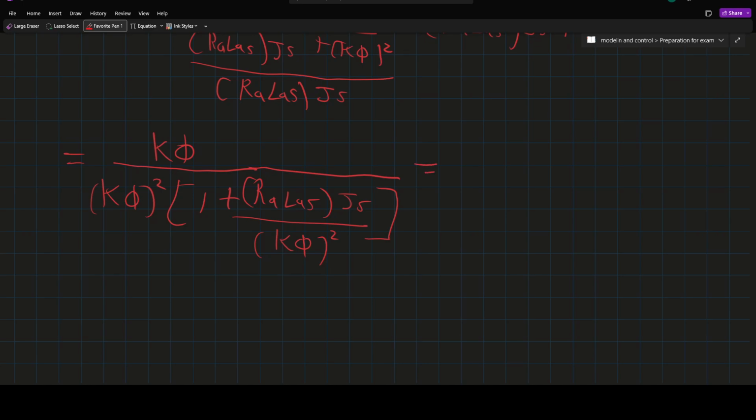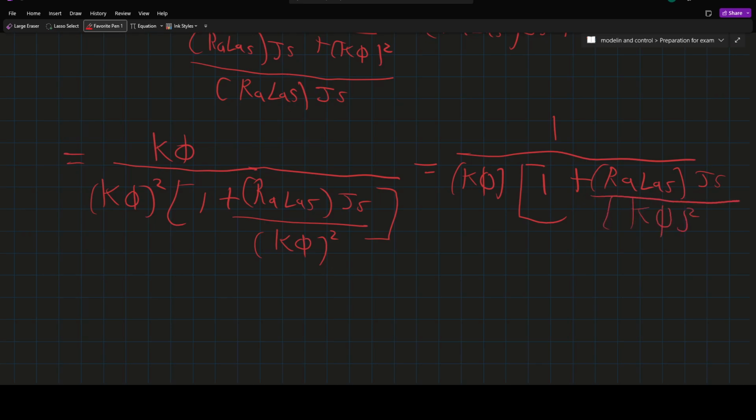Okay. Well, we can cancel this and one of this, so on top we're just gonna have 1 over K5 multiplying 1 plus LAS times JS over K5 square. So this is how we can get our transfer function.